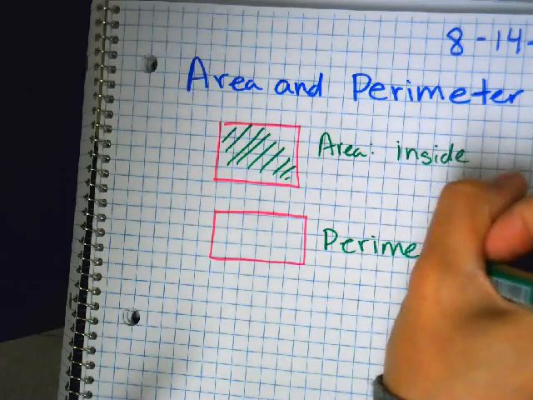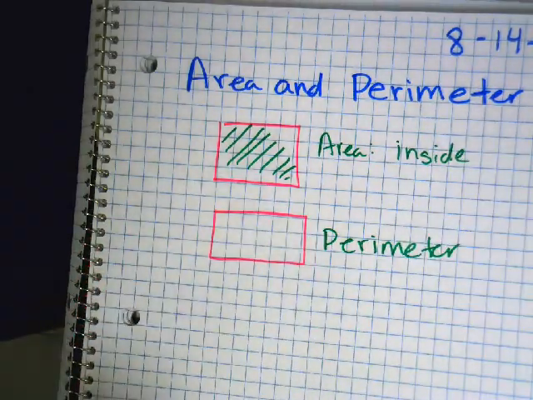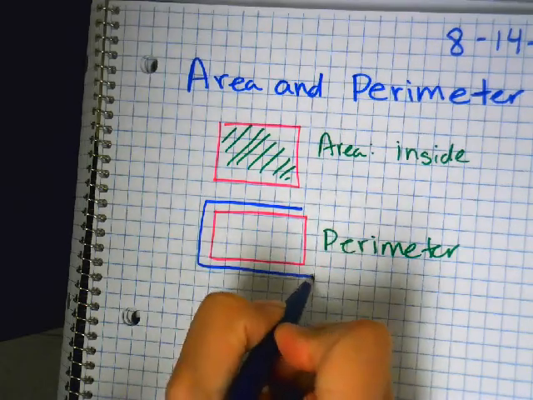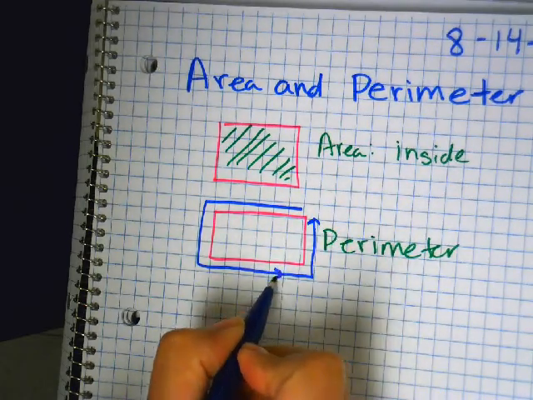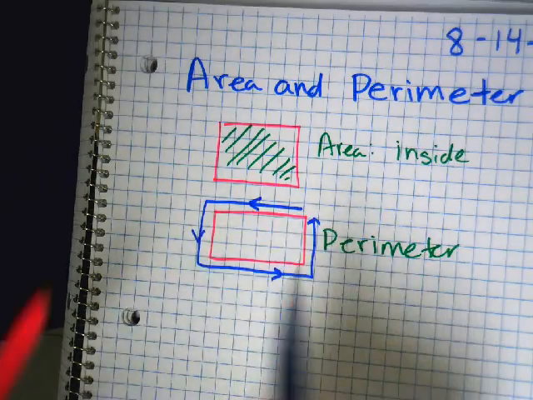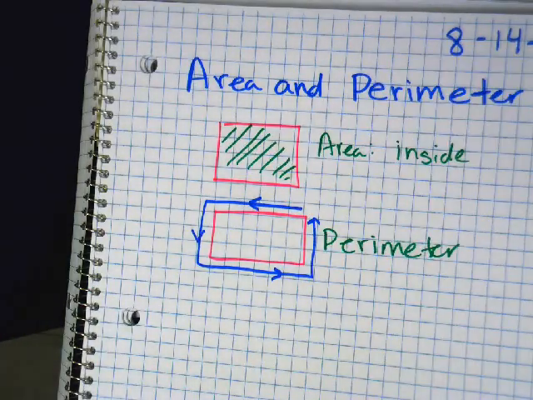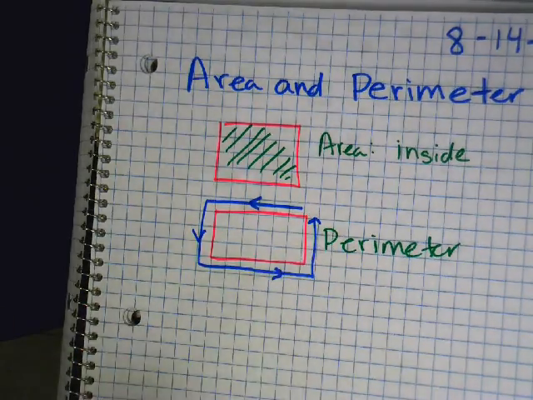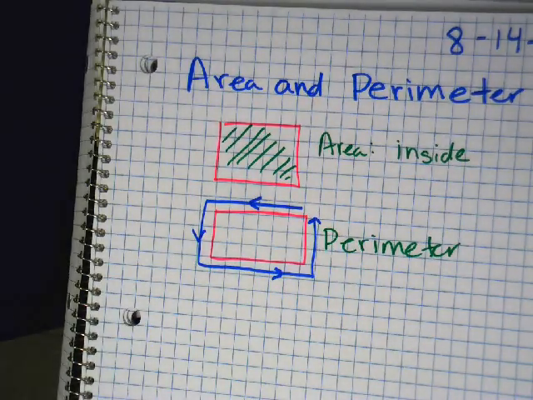Super easy. Perimeter would just be all around the outside. See, we're walking around. So area is the inside of whatever shape you're talking about, and perimeter is the outside. Area inside, perimeter outside. Make sense? Yes.